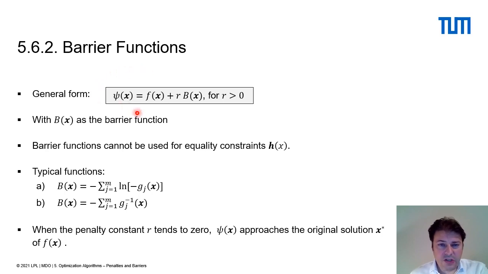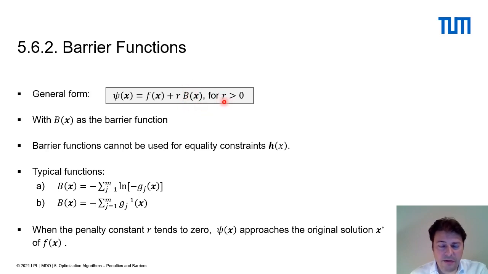So we choose as a general form c of x equals the original objective function plus a scalar variable r times b. This is for barrier functions.